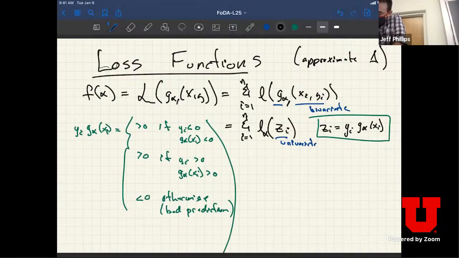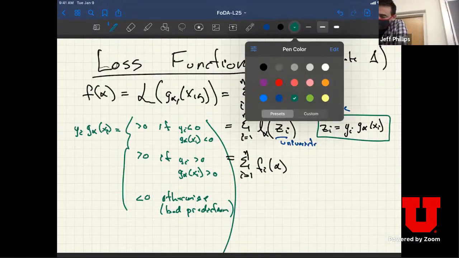And then what I'd really want to do, remember, I wanted to write this in terms of alpha, right? So let's change this one more time. I'm going to write this as f_i(alpha), right? Because this is a decomposable function.